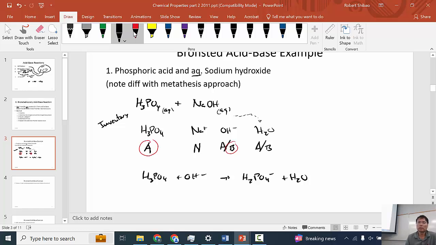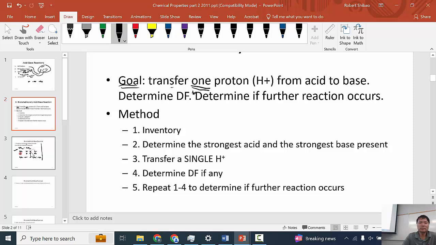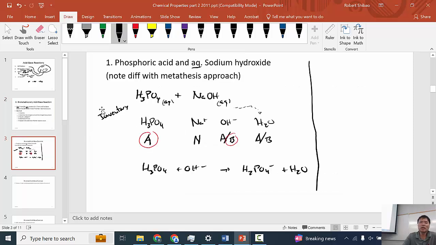Okay. If we have extra hydroxide left over, well, actually, let's go to the next step before I get there. The next step is to determine driving force, if any. The driving force is going from a stronger acid to weaker acid, and a stronger base to a weaker base.